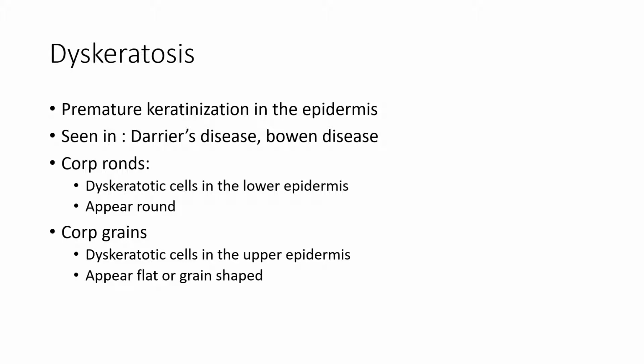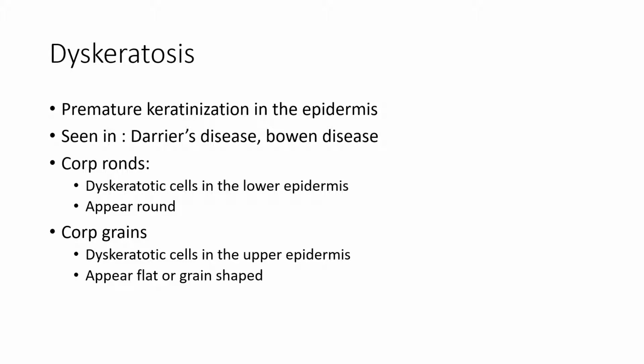The typical prototype disease of dyskeratosis is Darier's disease. However, it may be present in a lot of other conditions, including Bowen's disease. Structures suggestive of dyskeratosis are corps ronds and grains. Corps stands for corpuscle, ronds for round, and grains for flat.